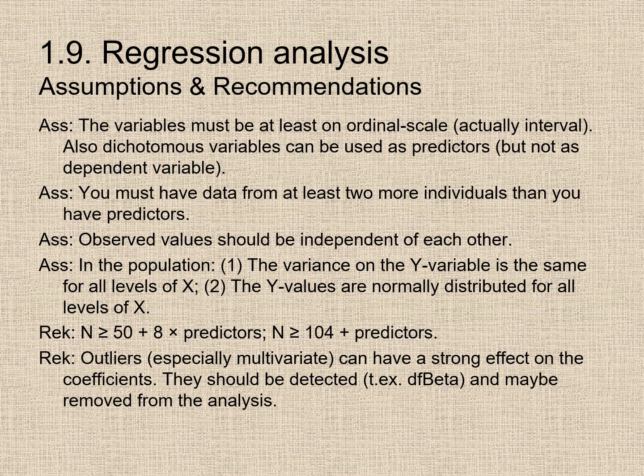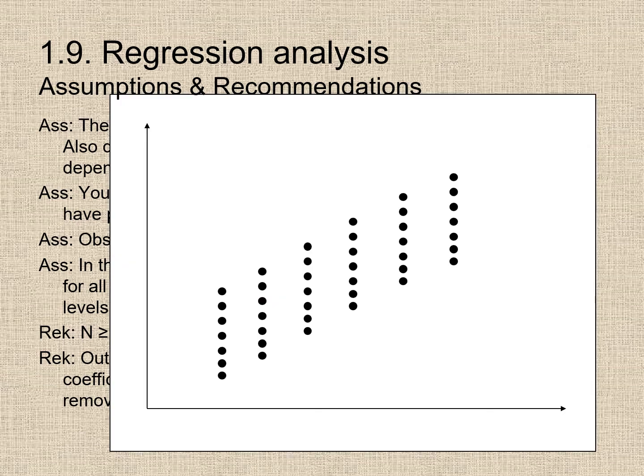For all levels of the independent variable, the variance on the dependent variable is more or less the same. We don't want it to look like this, so that the variance for some levels is much larger than for some other levels. It will be more difficult to fit the regression line to these data. We can, to a lower degree, trust the results we get.